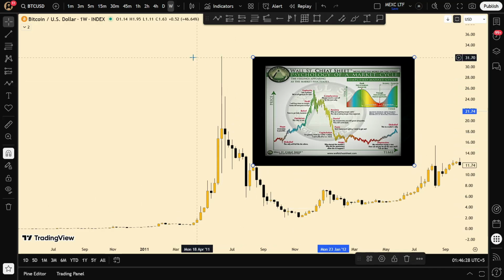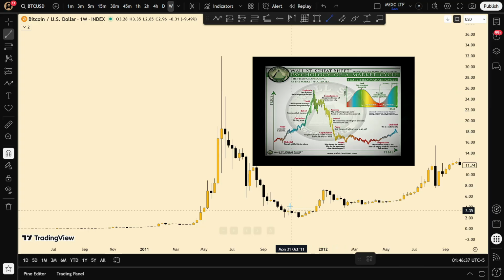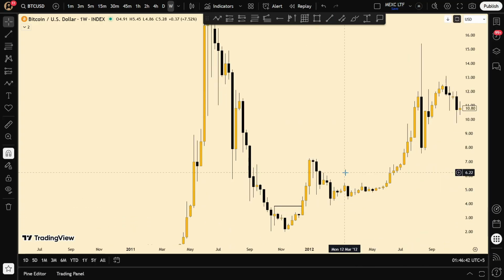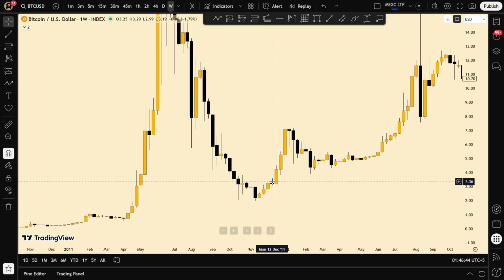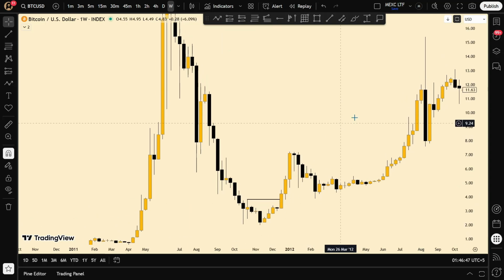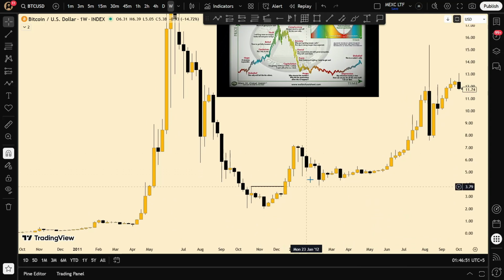A top, a blow off top, euphoria, and it comes back down, retraces it all until what point? A point over here when there is a market structure shift, which signals that, hey, this is the disbelief.